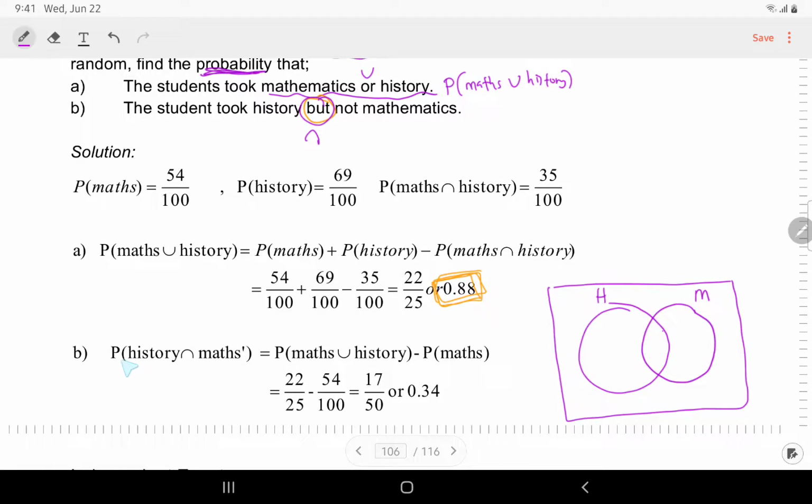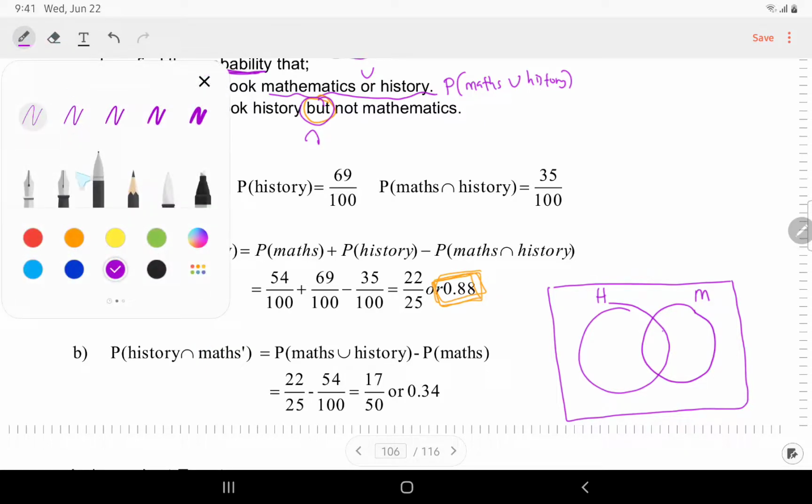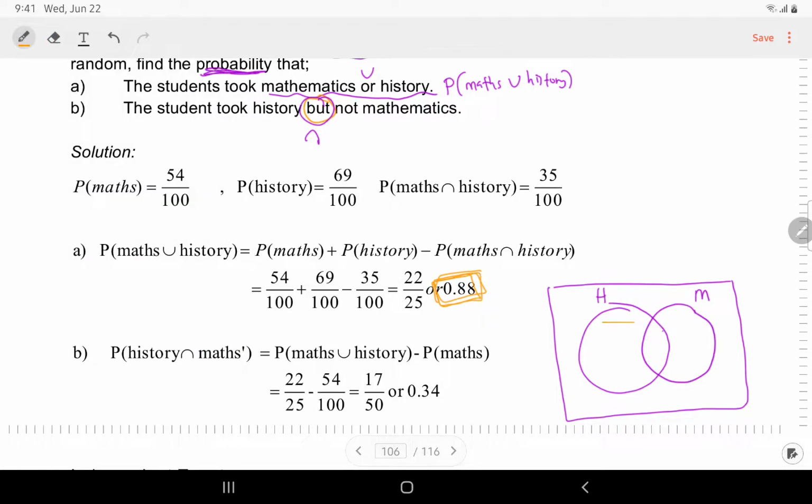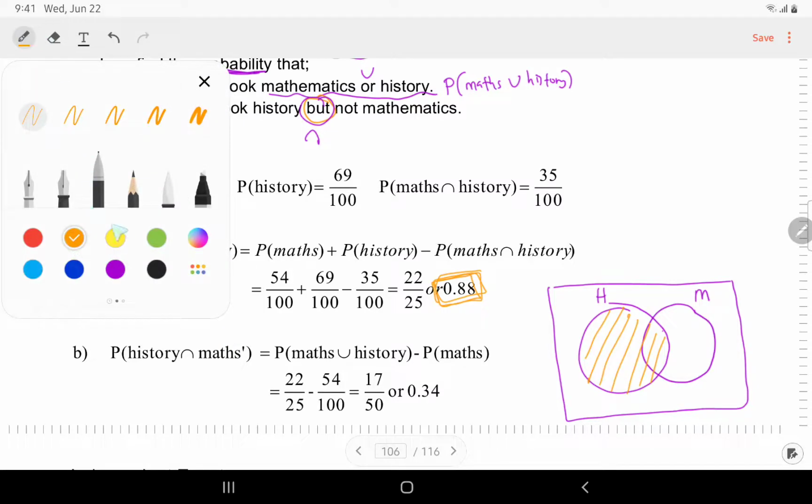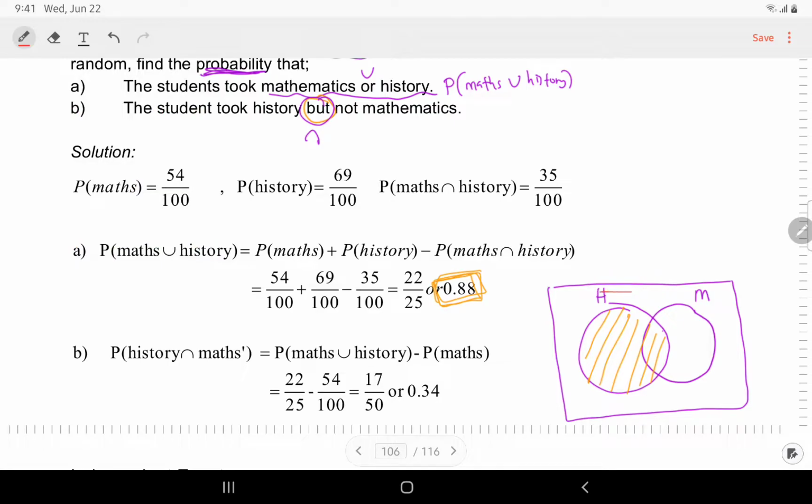Okay, kita nak cari probability for history. Okay, history is saya lorikkan, history is right here. And not maths, yang bukan maths. Okay, bukan maths maksudnya yang ni lah. Bukan maths, bukan dalam set maths.